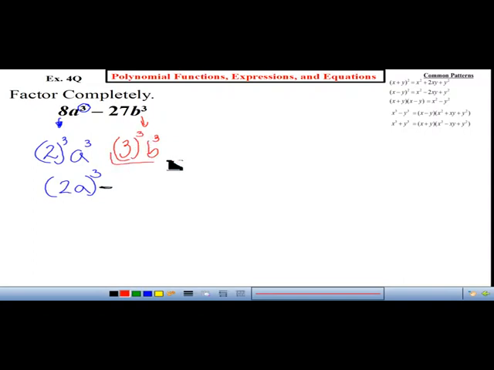And how do I write this now? 3b inside of parentheses, and then cube. That is correct.